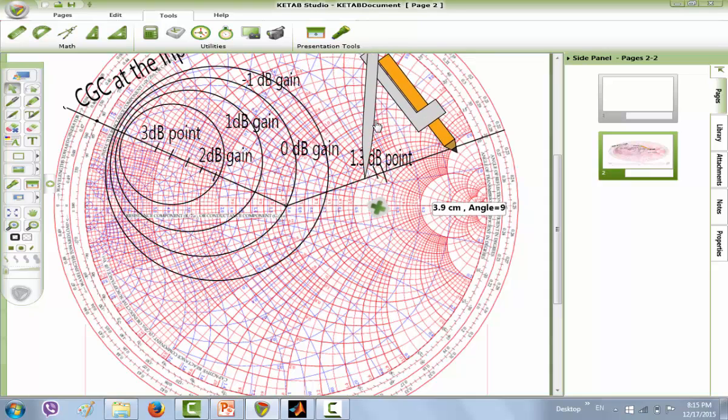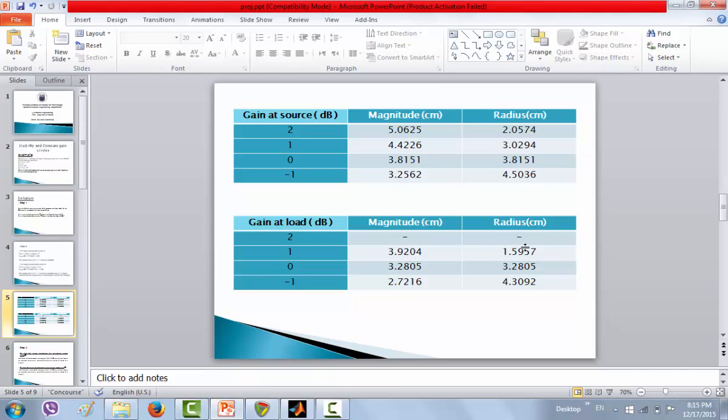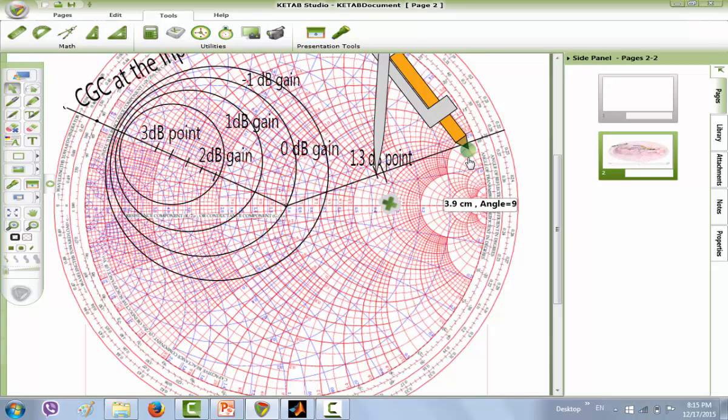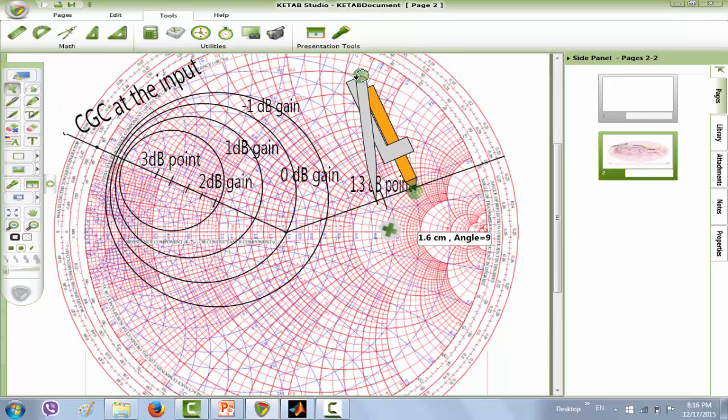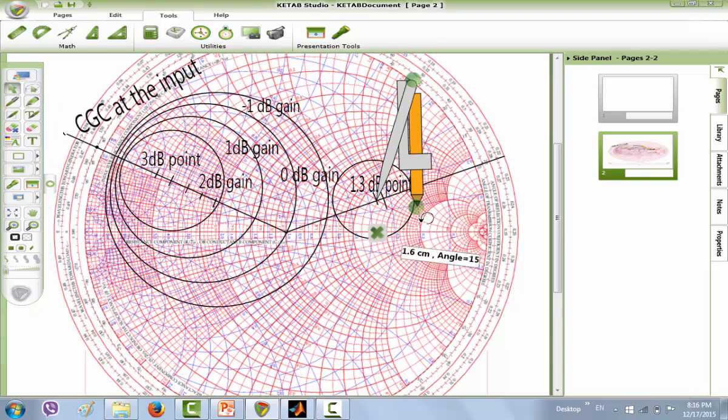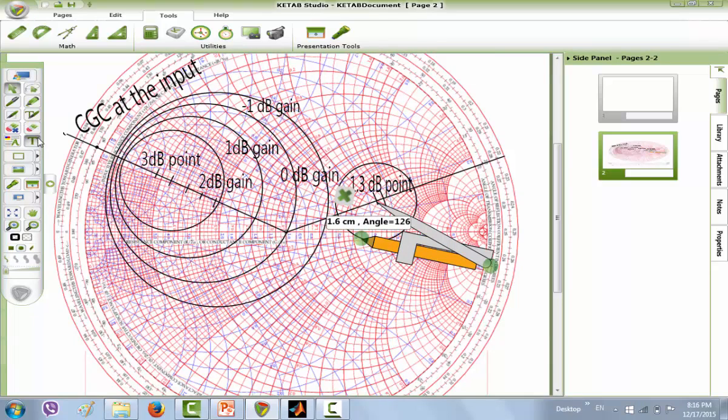So its center is here. And its radius is 1.59, which is approximately 1.6. So 1.6 centimeters. And this is the 1 dB gain.